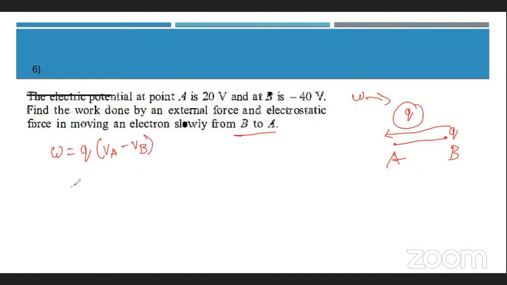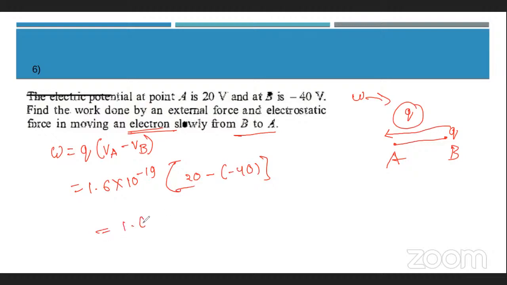Now, Q is given as, do we have any Q over here? Okay, an electron, fine. So an electron is basically 1.6 into 10 raised to minus 19 coulomb the charge. VA, potential at A is 20, minus potential at B which is minus 40.